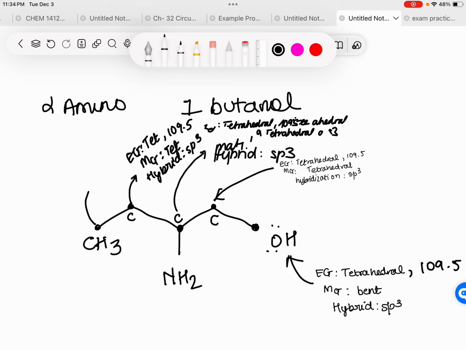Similarly, the carbon here has an electron geometry that is tetrahedral, 109.5, and molecular geometry tetrahedral, and hybridization sp3.